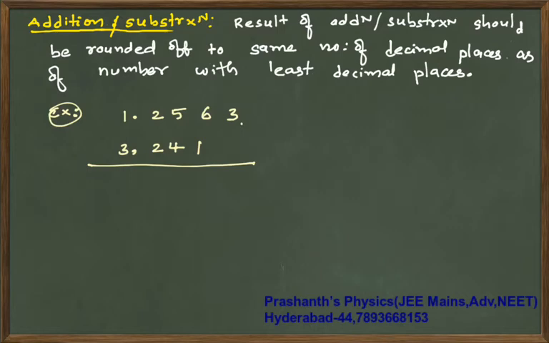Now if you add these two, what is the final answer? Let me write. Now here this contains how many significant figures? 5 significant figures. Now after decimal, how many are there here totally? 4. Here how many are there? 3.